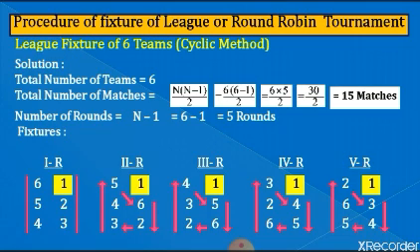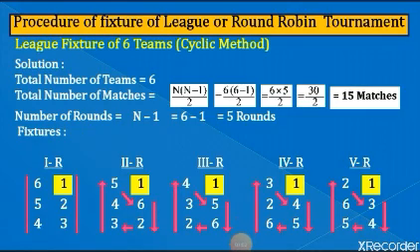In the third round, between 4 and 1, 3 and 5, 2 and 6. In the fourth round, between 3 and 1, 2 and 4, 6 and 5. In the fifth round, between 2 and 1, 6 and 3, 5 and 4.